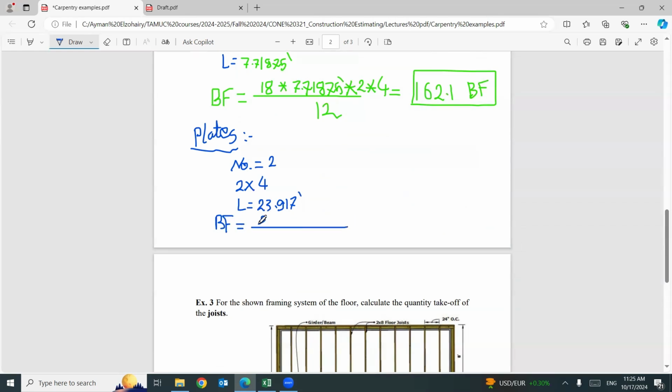It equals the number of pieces, 2, times the length of one piece, 23.917, times the cross section, 2 by 4, each written in inch, divided by 12. So the total will be 2 times 23.917 times 2 times 4 divided by 12. I got 31.9 board foot.